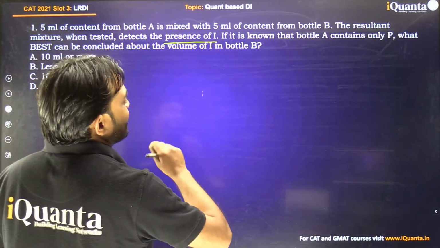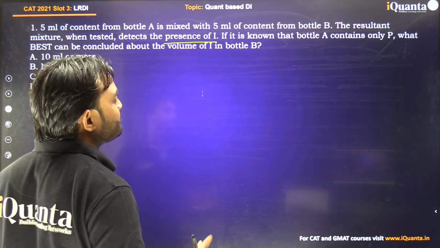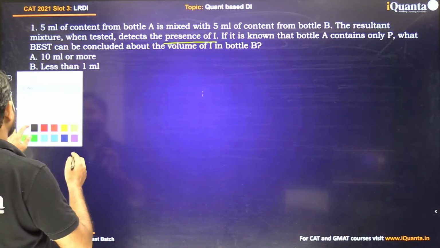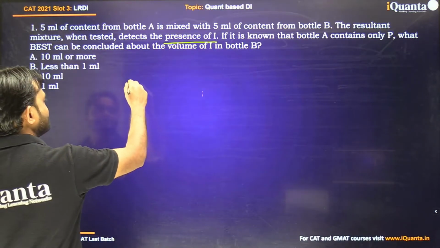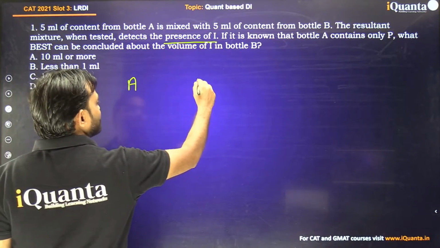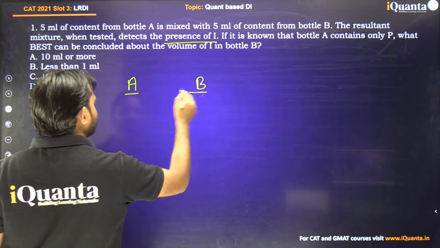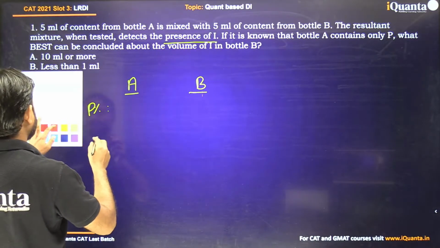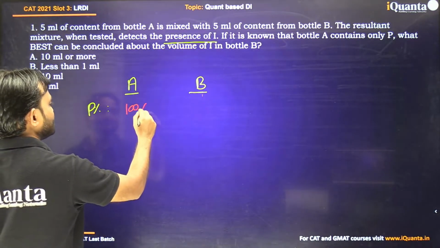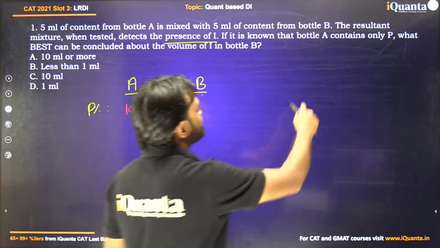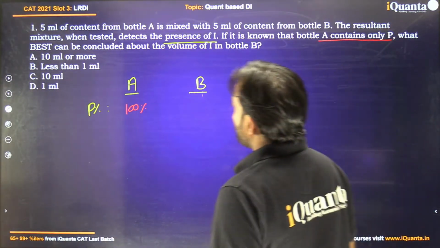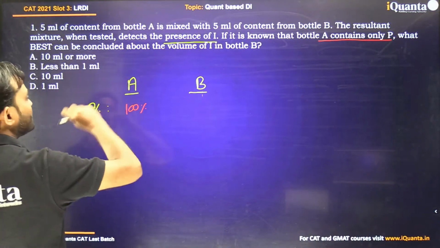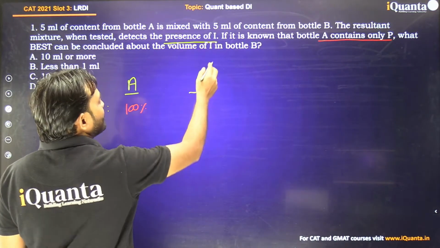If it is known that bottle A contains only P, so once again we are going to do the same exercise, bottle A and bottle B. Now it's given that purity percentage in bottle A is 100%. Bottle A contains only P, so 100% pure. What best can be concluded about the volume of I in bottle B?